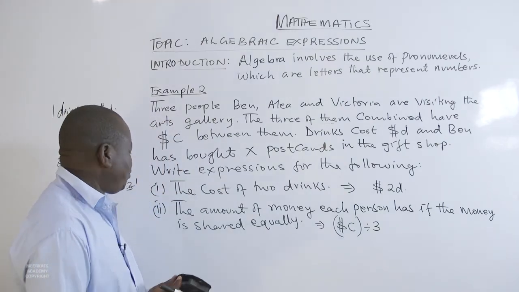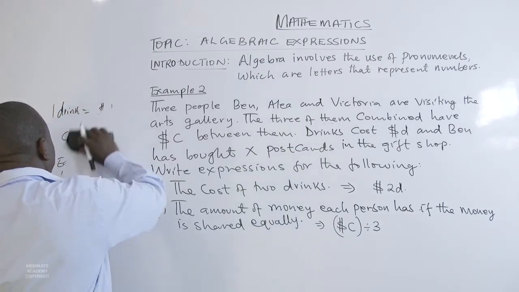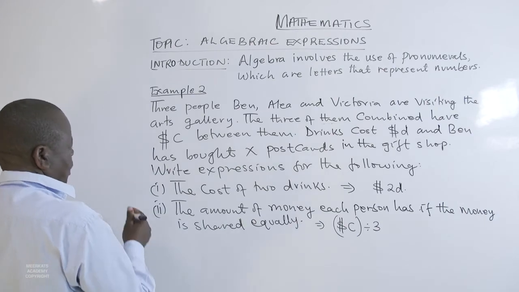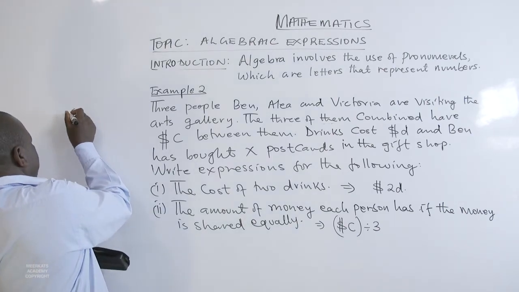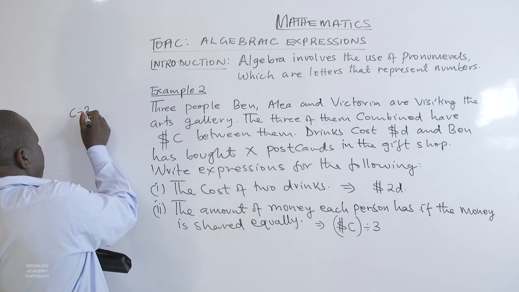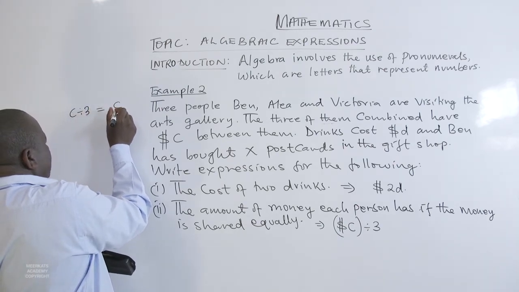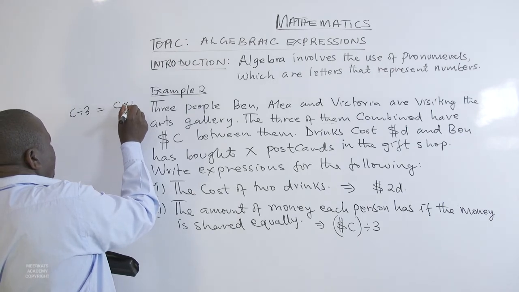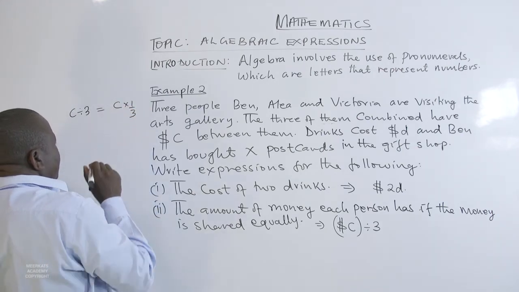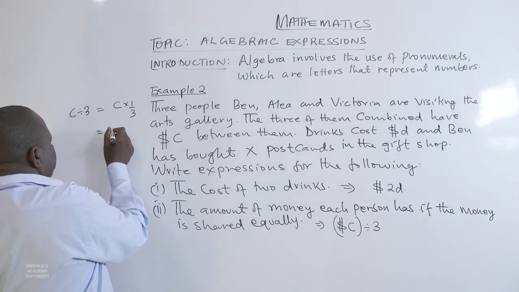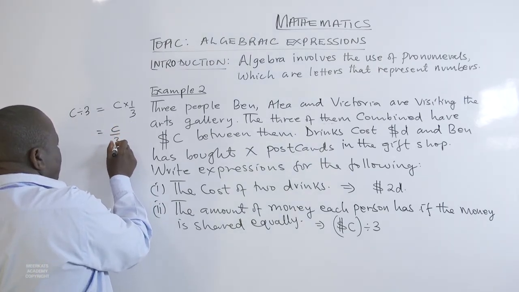And you will appreciate that a division can be written in 2 ways. If we have C divided by 3, this can also be written as C multiplied by 1 over 3. And C multiplied by 1 over 3 can also be just written as C over 3.